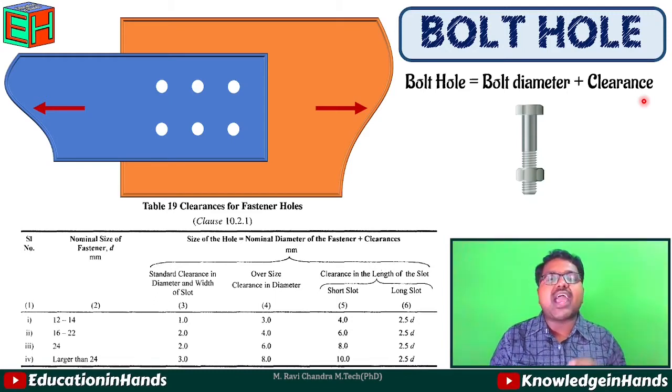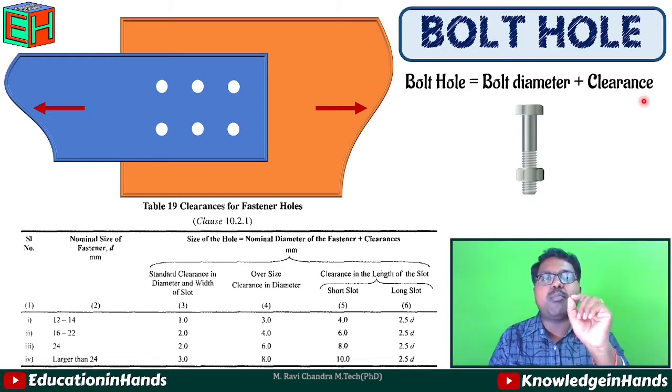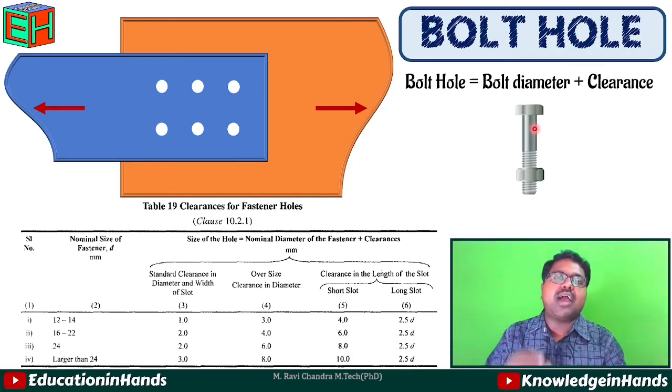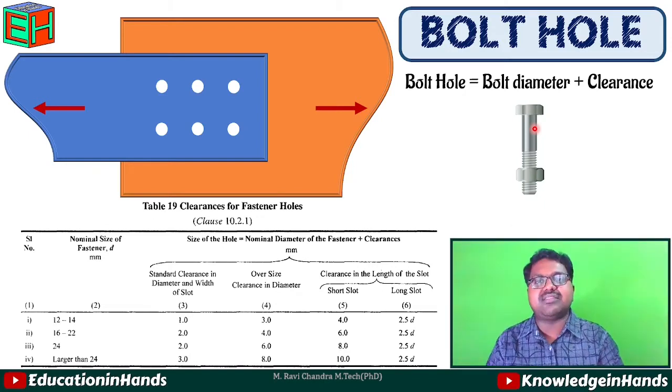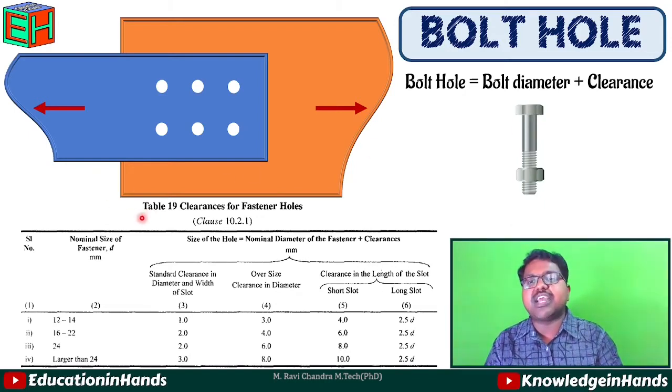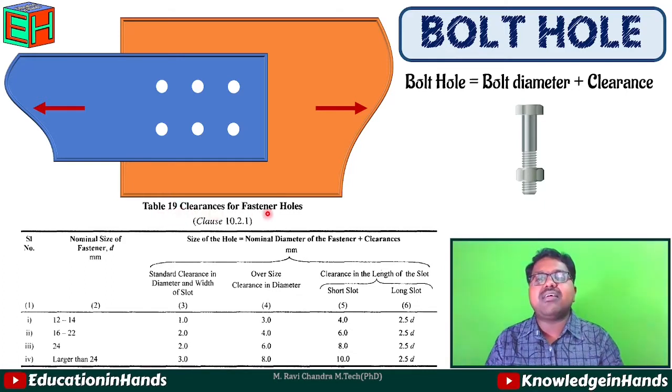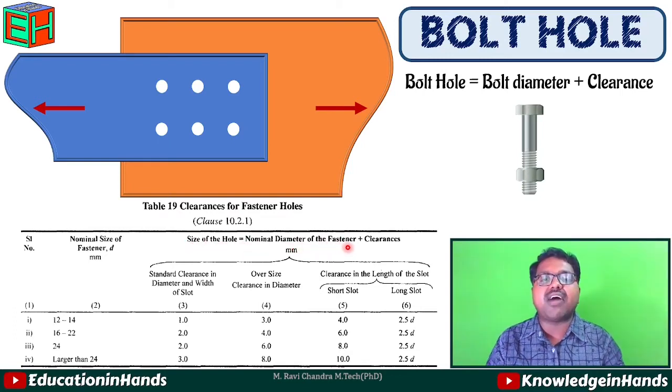Suppose I am considering a 16 mm diameter bolt for a standard connection, I have to refer to Table 19, which gives clearance for fastener holes. Here, size of hole equals the nominal diameter of the fastener plus clearances.